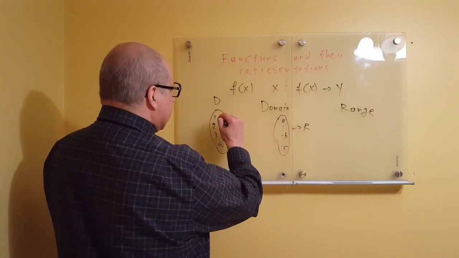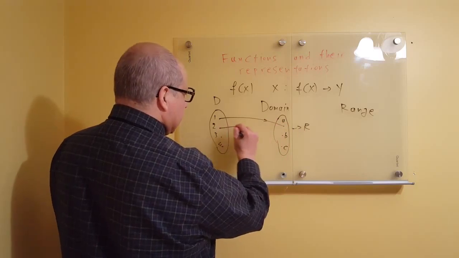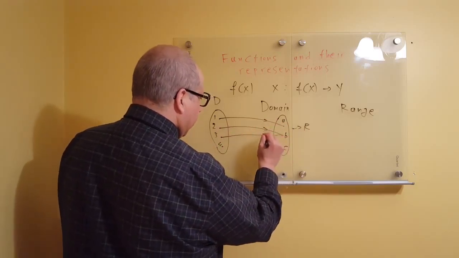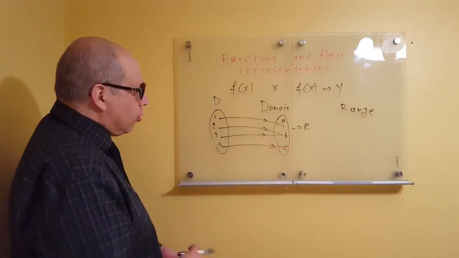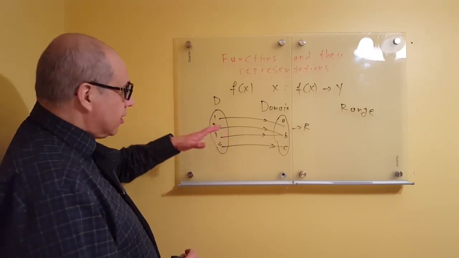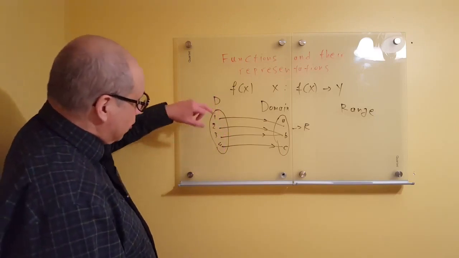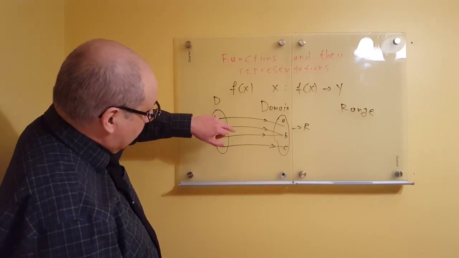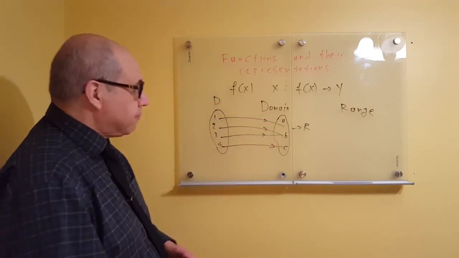So that means that, let's say, I give you here a better understanding. So this here is a function. Why? Because from every element of the domain you have one arrow leaving and going to the range.